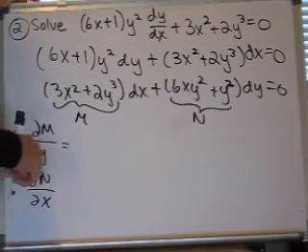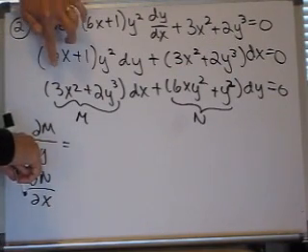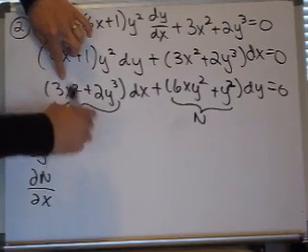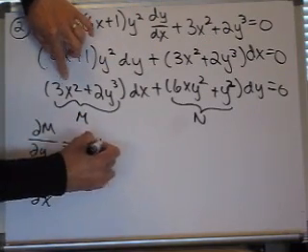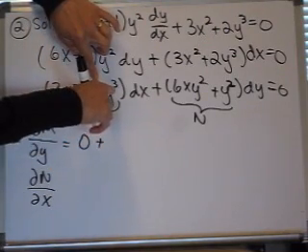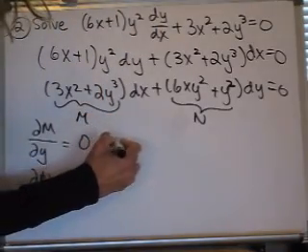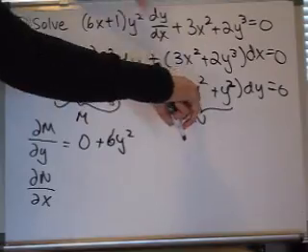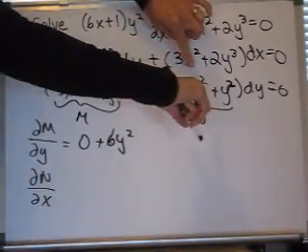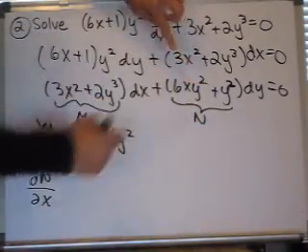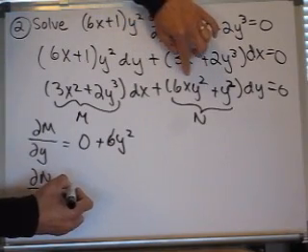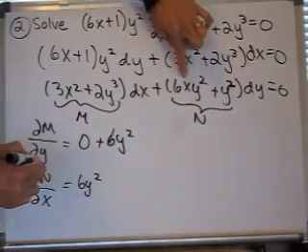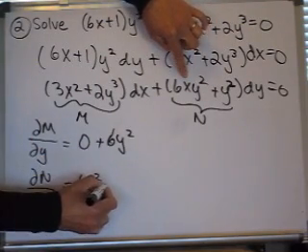For the partial of M with respect to y, I treat x as fixed, so it's the derivative of 3x squared with respect to y, which is 0, plus the derivative of 2y cubed, which is 6y squared. For the partial of N with respect to x, I treat y as fixed, so for this first term, 6y squared is a constant, and the derivative of x is 1.